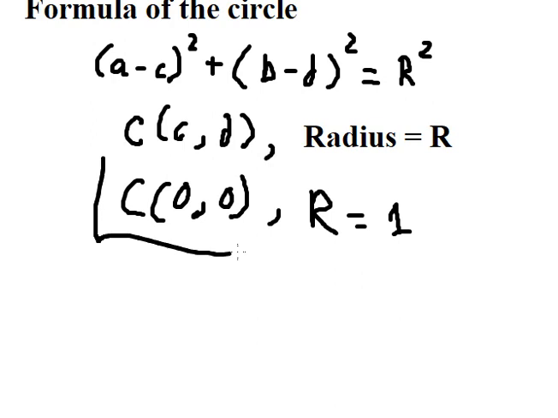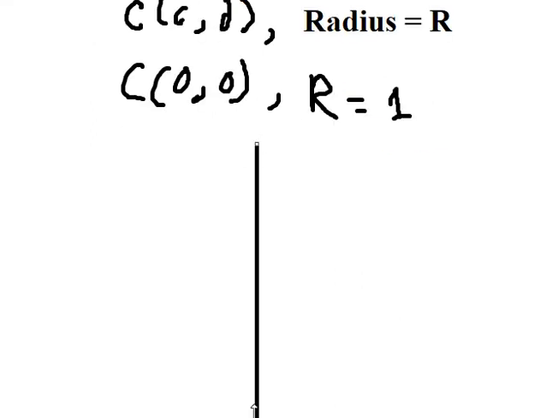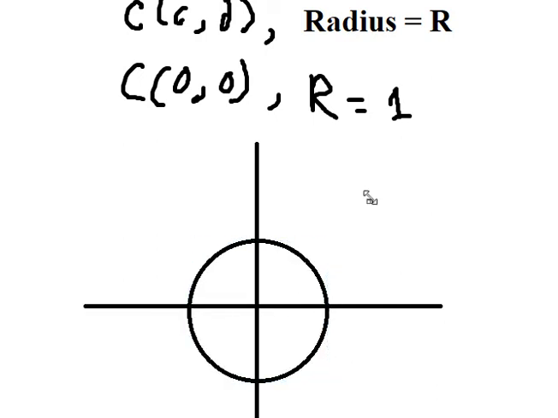Now we need to write about the circle in here. So a for the real numbers, b for imaginary numbers.